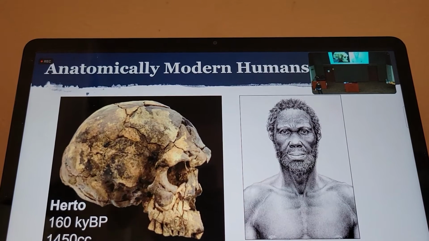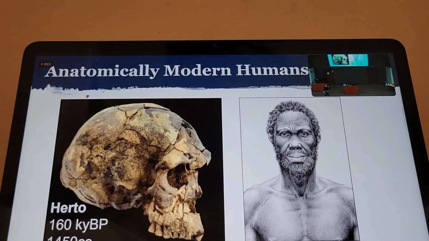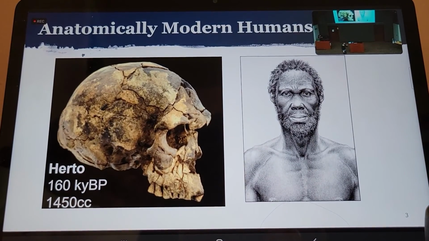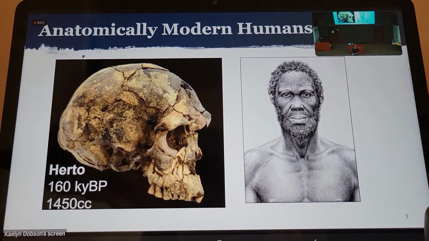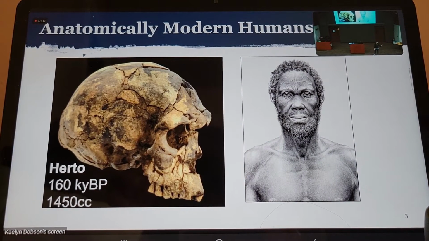Cranial morphology, very similar to you or I. Distinctly different from what we see in the late archaic Homo sapiens, whatever you call them, Homo neanderthalensis or late archaic Homo sapiens like I do.